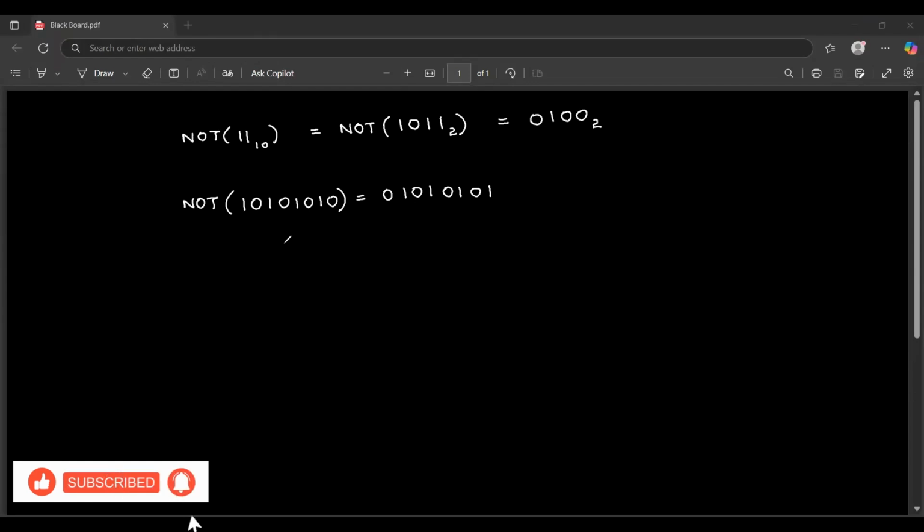Sometimes they may say the system is using 8-bit 2's complement representation. Well, then the story is a little bit different. Let's say they are asking us to find NOT 97 to the base 10, and they are saying the calculator or the computer uses a 2's complement 8-bit system.